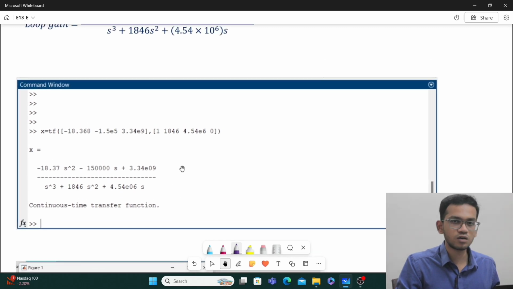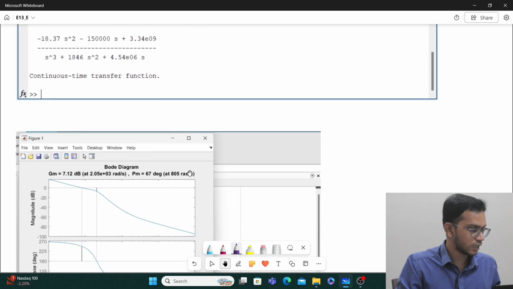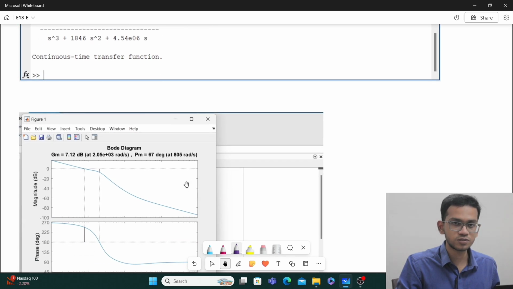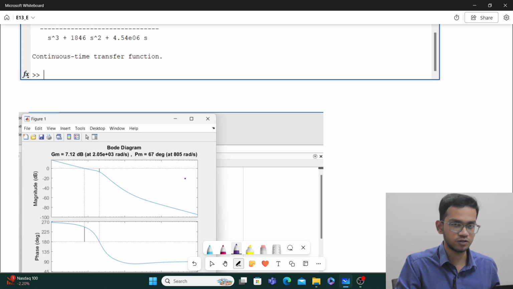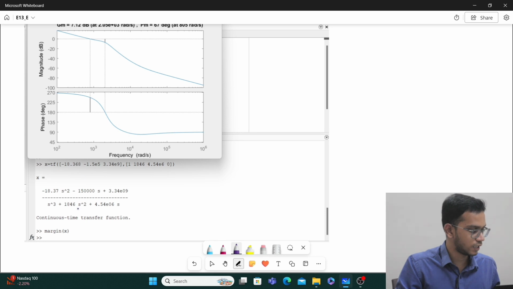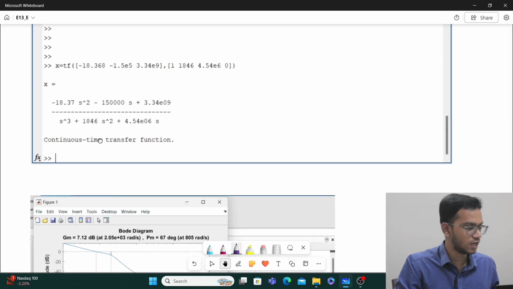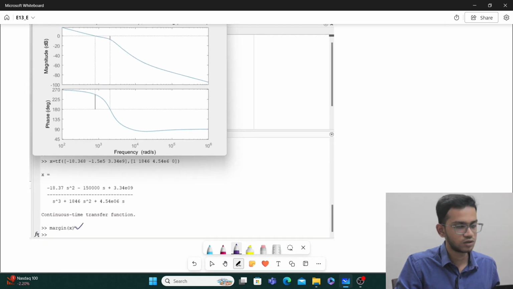Now I wish to plot the Bode plot of this transfer function and find its phase margin and gain margin, phase margin more importantly. Let us recollect that for any stable system, the gain margin and phase margin should be positive. So the first step is storing this transfer function in a variable named x, and then I am typing the command margin of x.